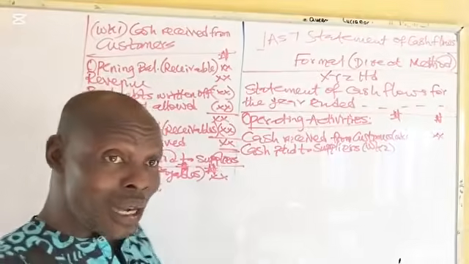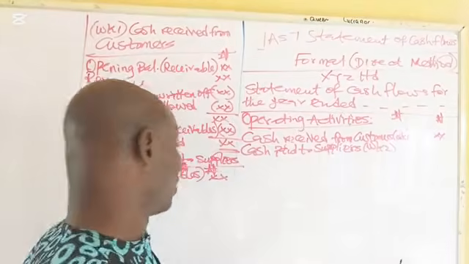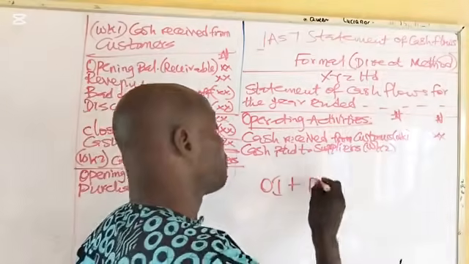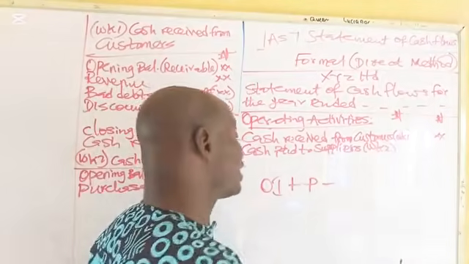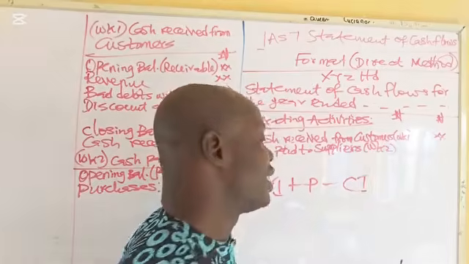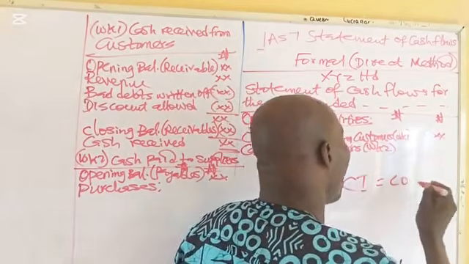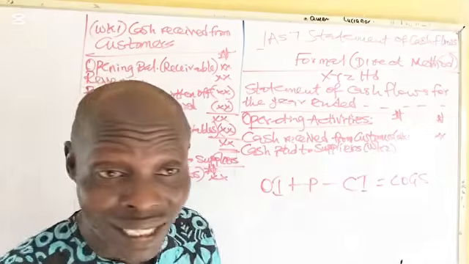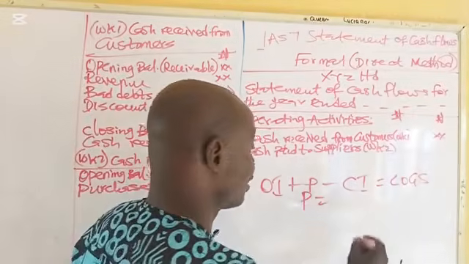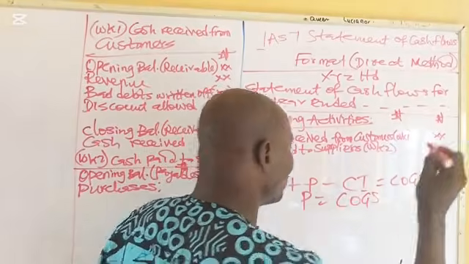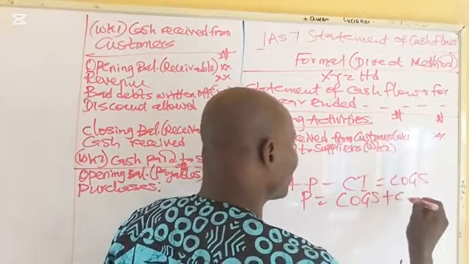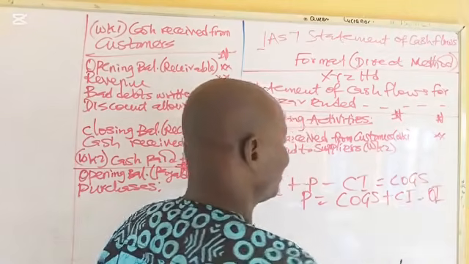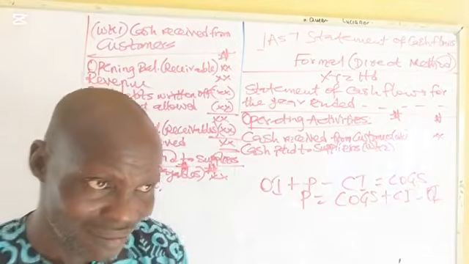Remember, when you are preparing trading account, you used to say opening inventory, add purchases, less closing inventory. That will give us cost of goods sold. Make your purchase the subject. Your purchase will be cost of goods sold plus closing inventory minus opening inventory. This will give you the purchase.